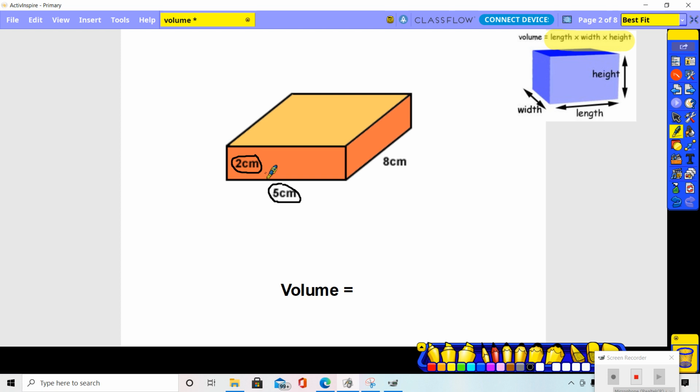The reason I'm doing this is I know it gives me an answer of 10, which is a nice, easy number to work with. We can then multiply 10 by our final measurement, 8, and 10 times 8 is 80. This gives us a volume of 80 centimeters cubed.